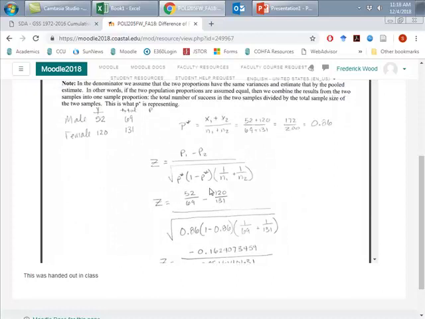So I answered this question, and it's two steps. One, calculate the pooled estimate. So overall, how much success was there? Well, overall, not looking at gender, 86% of the time. So that's my P star, my pooled estimate. 86% of the time, our sample returned the money.